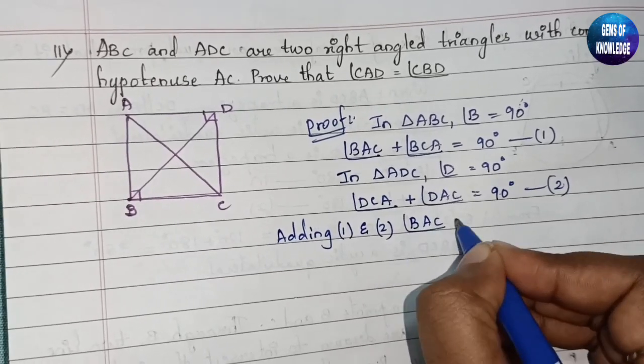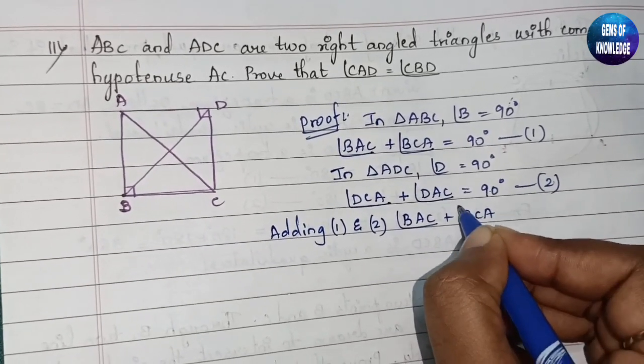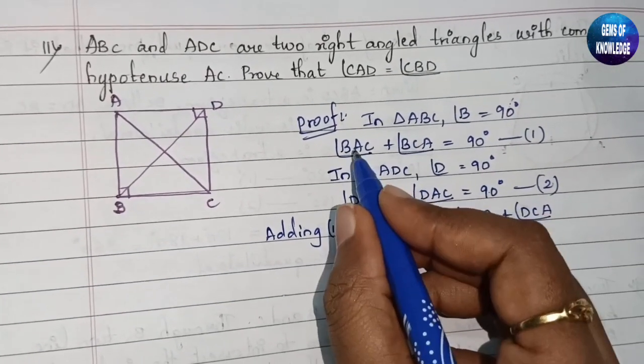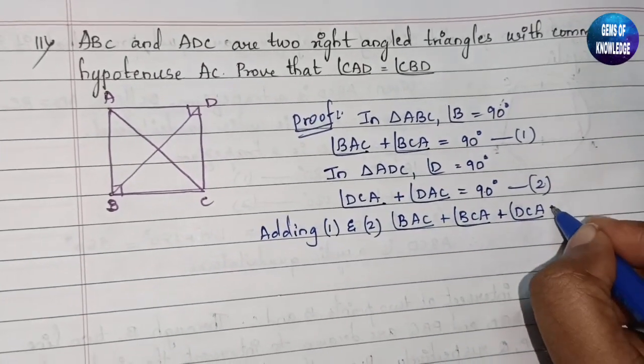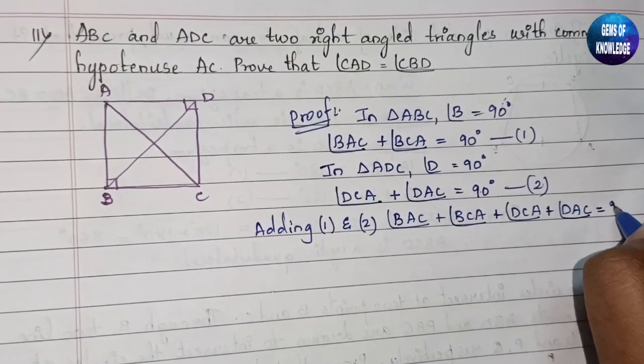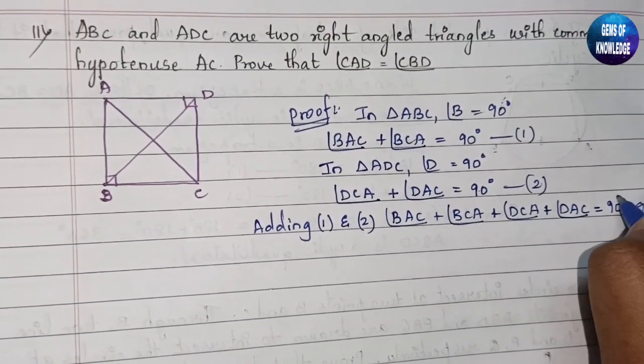we get angle BAC plus BCA plus DCA plus DAC is equal to 90 plus 90.